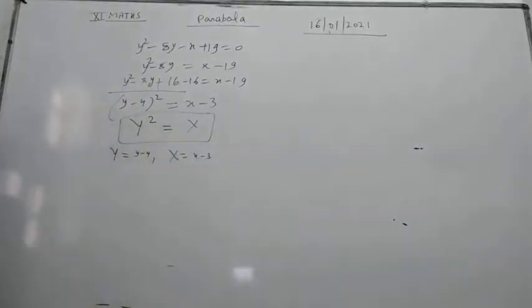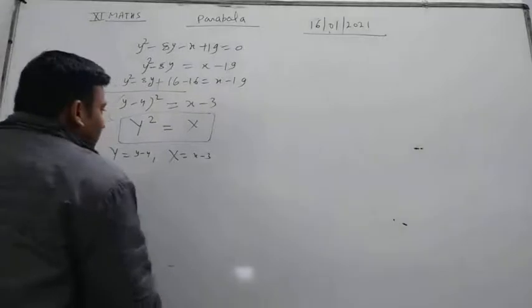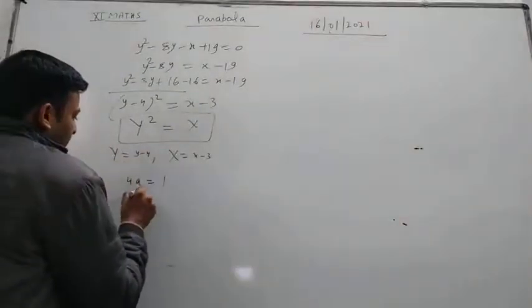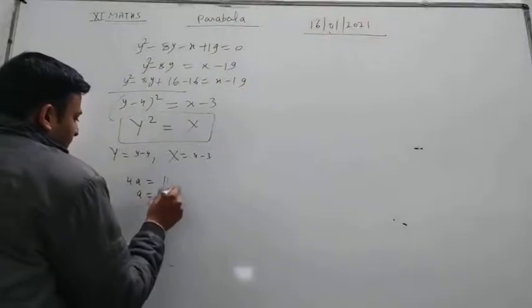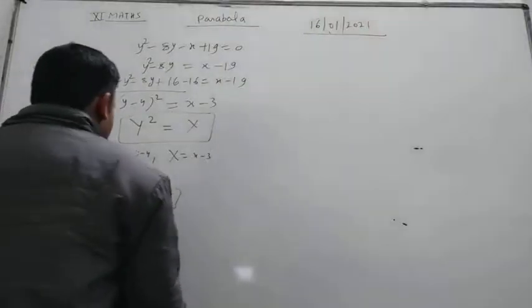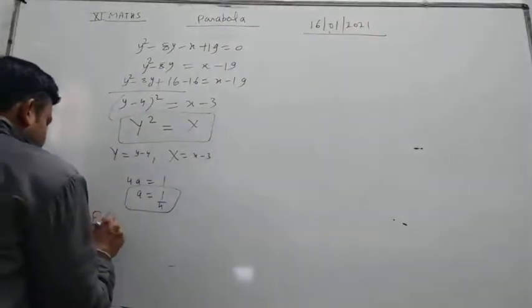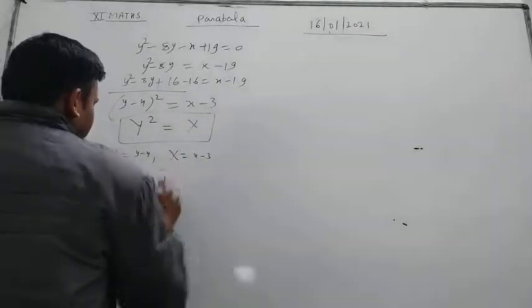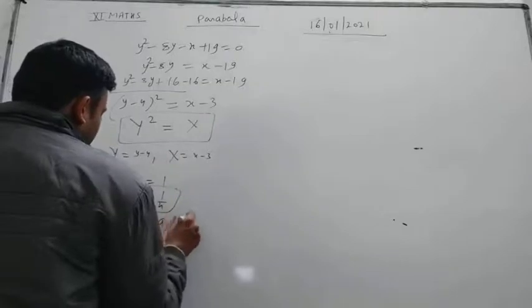Okay, student, now we have to find out what. Now compare with the standard equation, we get 4a is equal to 1, so a is equal to 1 by 4. Okay, student, so focus is, in this case our focus is (a, 0), student.